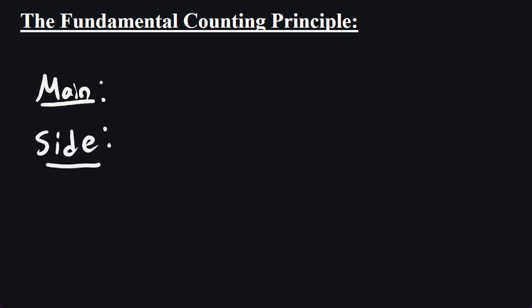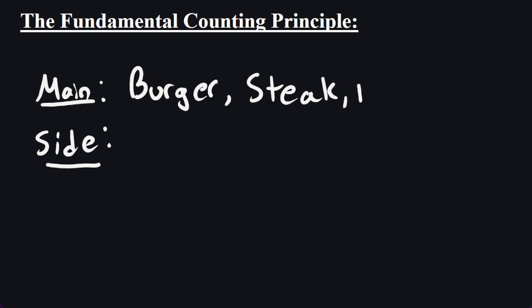So for the main course, let's say you have a choice between a burger, steak, a panini, burger, steak, panini, or salmon. And let's say there are three sides.